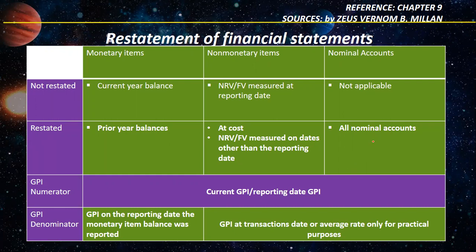Let us review first the table that we discussed in my prior video lecture. We have here monetary items, non-monetary items, and nominal accounts. What are those monetary items that we need to restate and not to be restated? PAS 29 dictates that the current year balance of monetary items should not be restated.